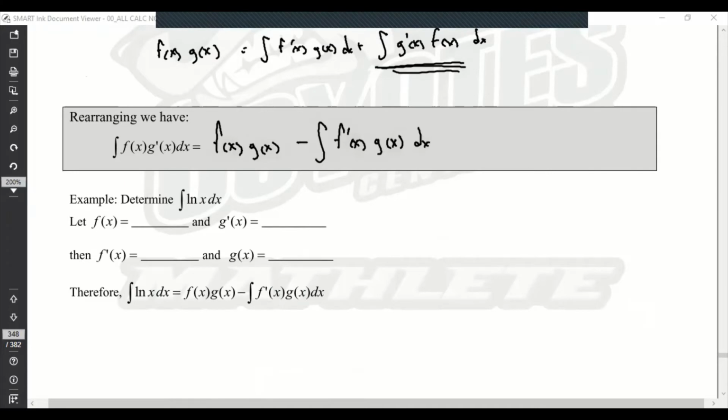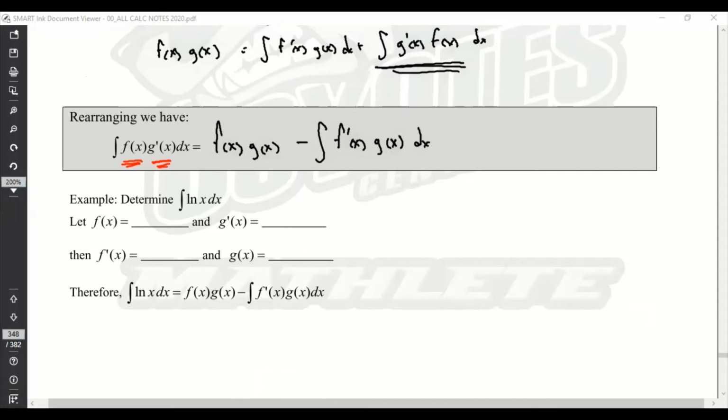So what we're going to look for, therefore, is one of these pieces, the f of x, that we're going to differentiate, and one of the pieces, the g prime, that we're going to anti-differentiate. If we have ln x dx, if we call our function f, that ln x, then the derivative of that is 1 over x.